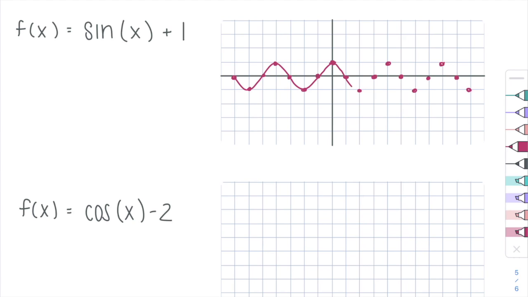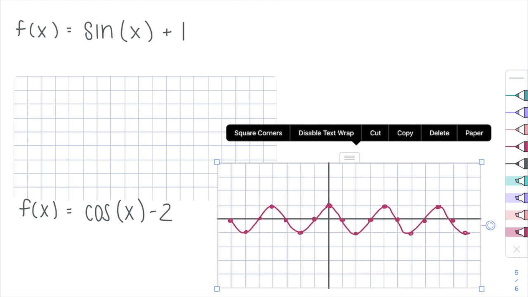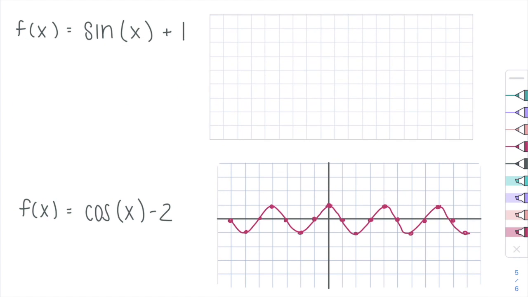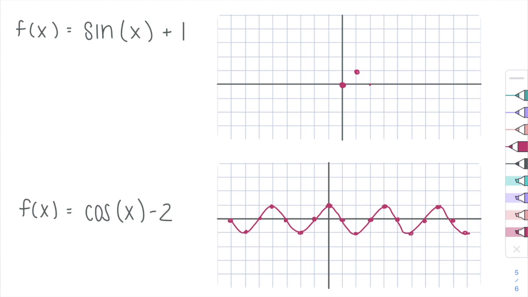So let's finish drawing this. And then let's move these and switch them. That's my cosine graph. I need my sine graph. Back to the drawing board. Sine starts at the origin. Now I have my sine graph.